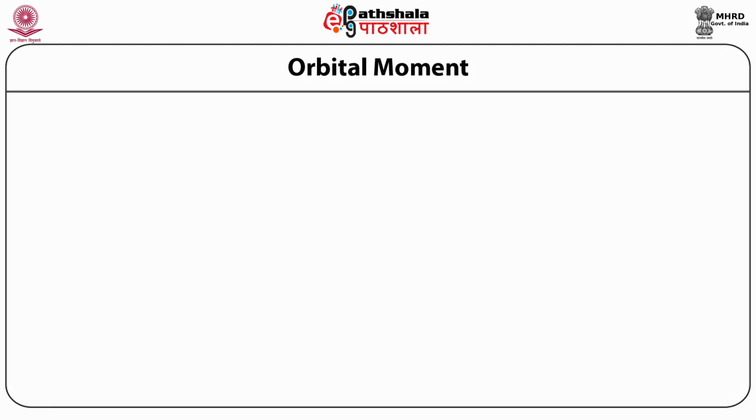The orbital moment. So students, here we will be discussing the relation between the orbital moment and the current. Let us consider an electron which is rotating in an orbit around the nucleus, and the radius of the orbit is r.